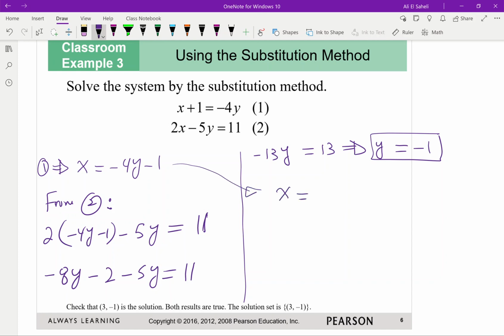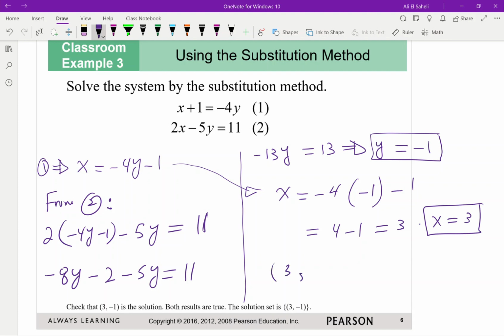So x equals minus 4 times y minus 1, that is 4 minus 1 equals 3. So the solution is the ordered pair (3, -1).